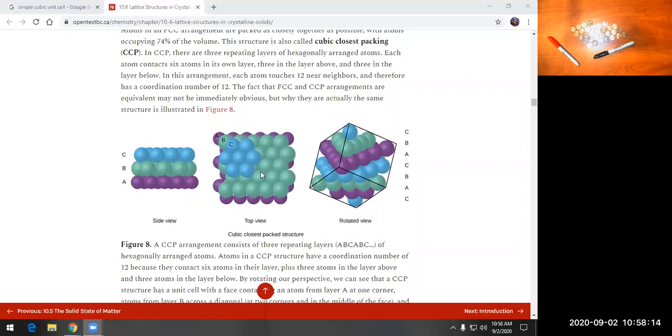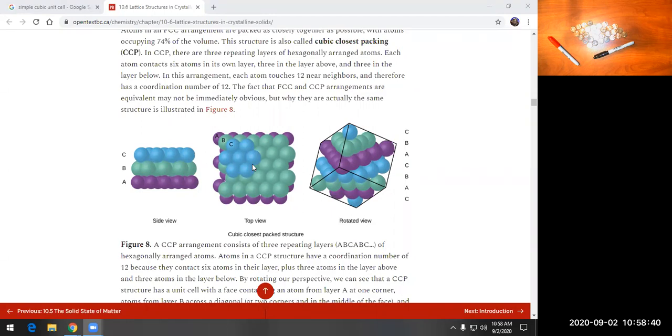When you bring up the third layer, you again have a choice of putting the next layer of spheres over the set of holes in the first layer that you didn't cover with the second layer, or you can put them right over the ones where the first layer was.